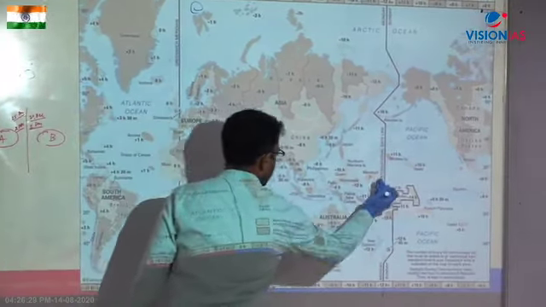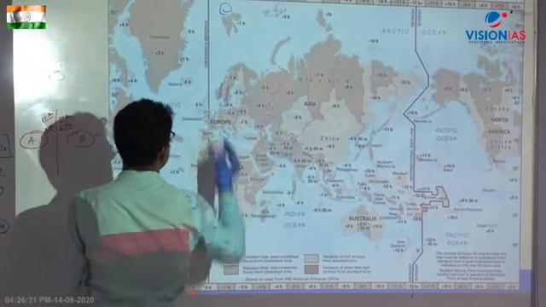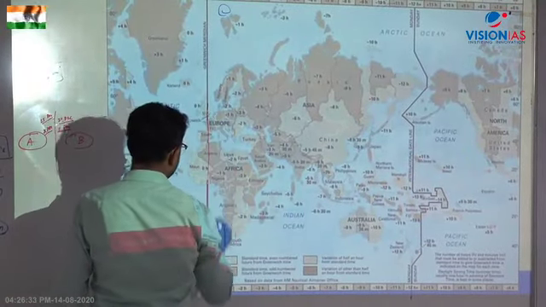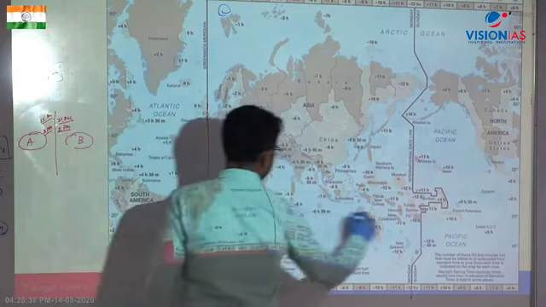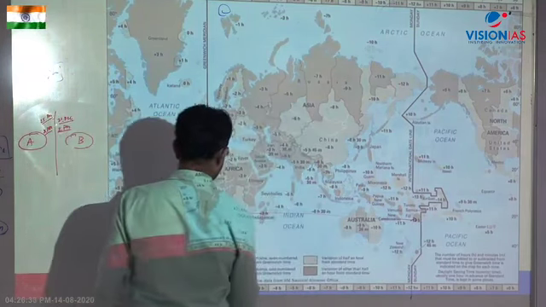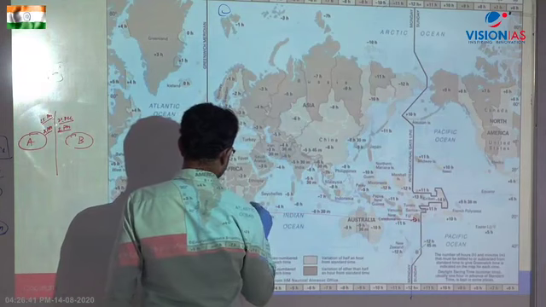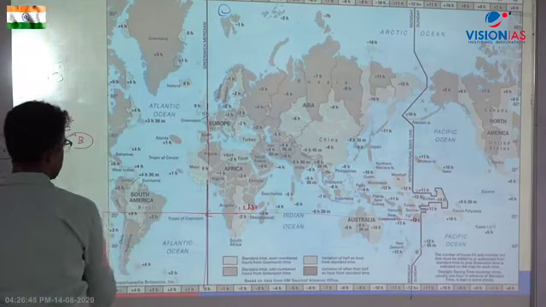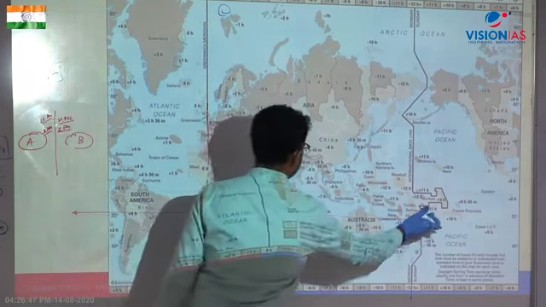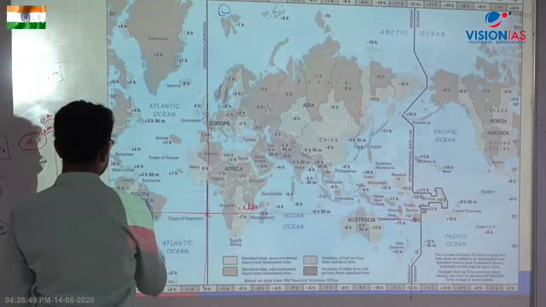The international date line is at a distance of how many hours from the Greenwich meridian? 12 hours of difference. And the Greenwich meridian is from this part, this part, that is 12 hours.